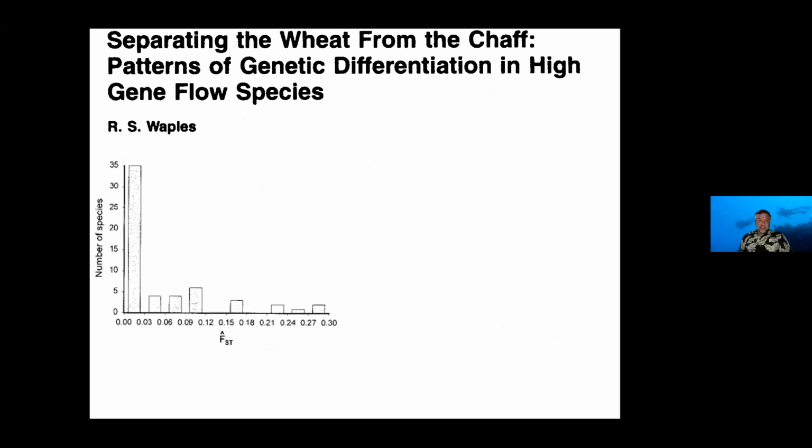In 1998, about the time I was in Moorea, Robin Waples wrote a very influential paper called Separating the Wheat from the Chaff, where he surveyed all of the genetic work that had been done in marine species and showed that in the vast majority of them, FST was well below 0.02, or the median FST was about 0.02.